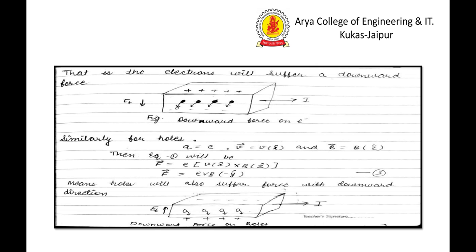Then equation 1 will be F vector is equal to e (v x cap cross B z cap). Again using cross product property we can write F vector is equal to evB (minus y cap).